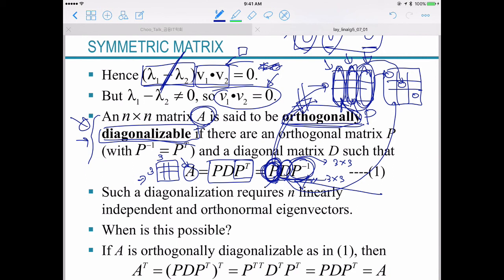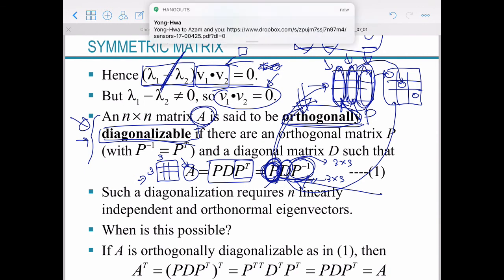Okay, and then what kind of matrix is actually orthogonally diagonalized? So in this chapter, we are talking about the symmetric matrix. So here the key fact is, if your matrix A is symmetric, then your matrix A is always orthogonally diagonalized.